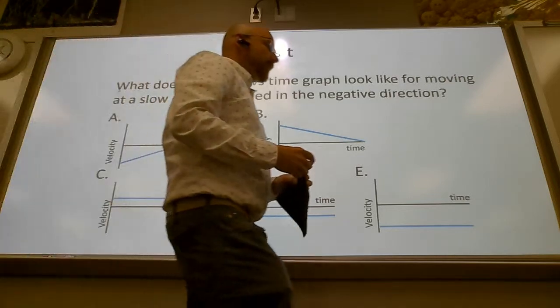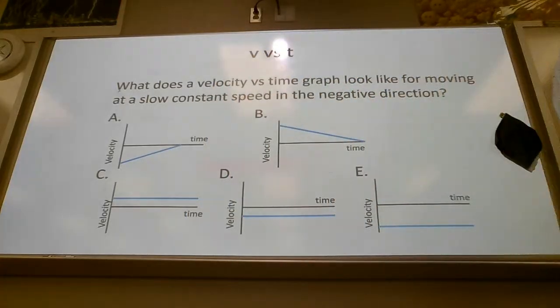Try this in your head. Thumbs up when you have something. So on this, I know I didn't put numbers, just relative scale to each other.